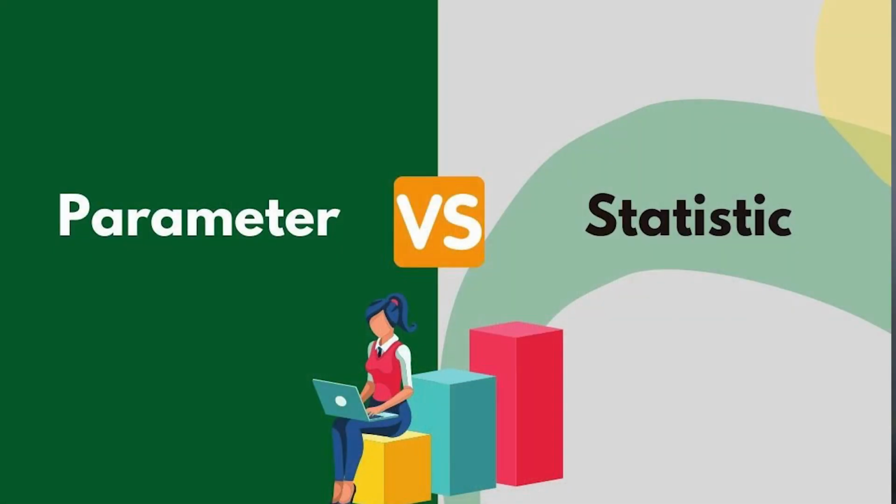So any numerical value that describes a characteristic of a population is a parameter. While a statistic is a numerical value calculated from sample data that provides information about the parameter. Do you get the difference?